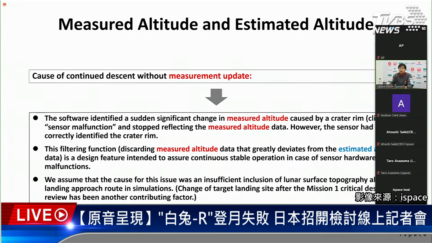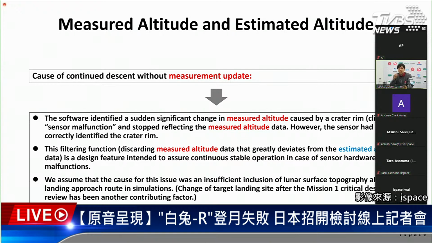The point is that the sensor seems to output correct data, because the sensor correctly captured that crater rim change. But the important point is this filtering function.